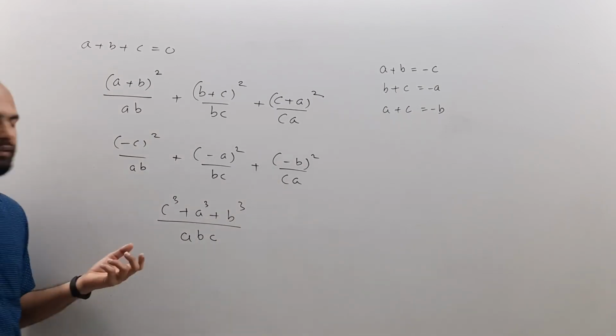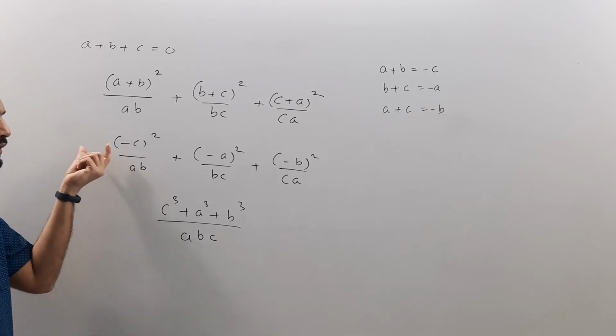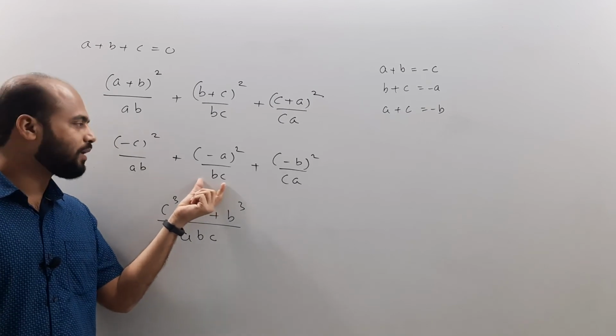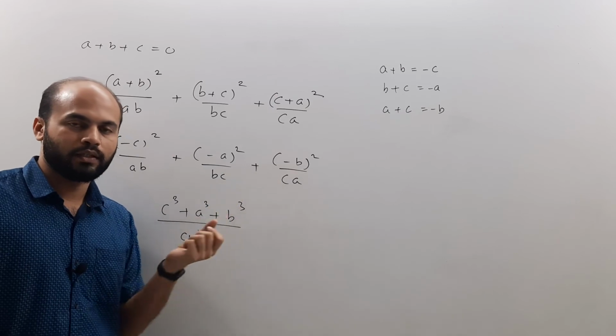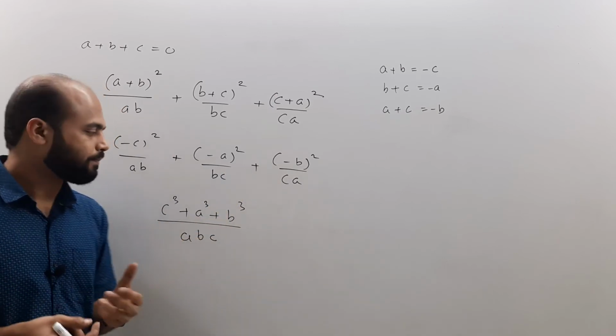What I've done is I've just multiplied this with c and this with c, this with a and this with a, and this with b and this with b, so that I get a common LCM or common denominator as abc.